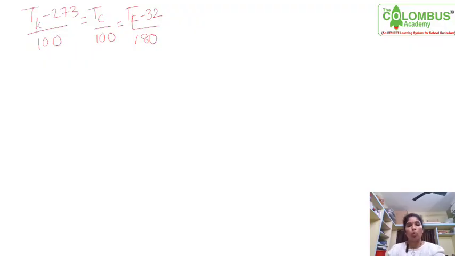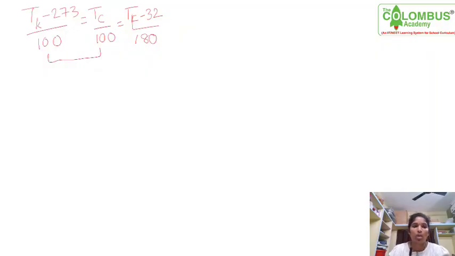We got this relation. Now try to build up a relation between Kelvin and Celsius. That means if you know the value in Celsius, you can calculate in Kelvin. If you know the value in Kelvin, you can convert into Celsius.